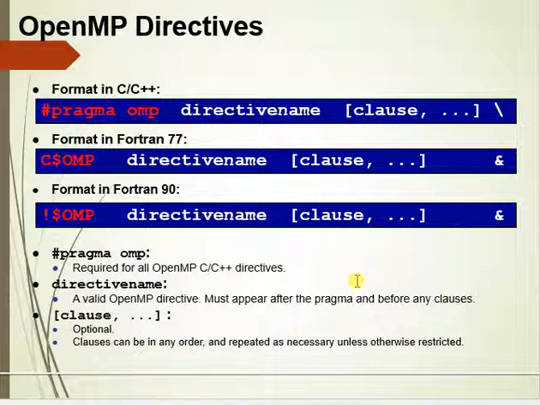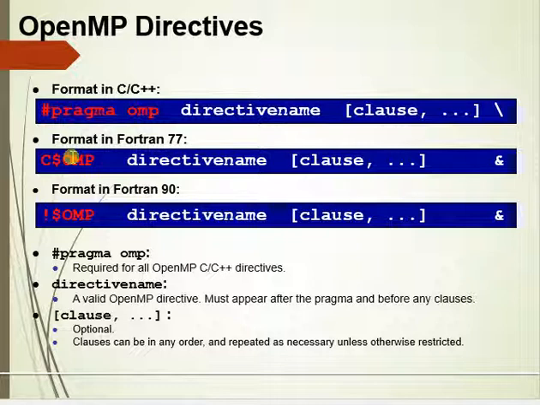These are the OpenMP directives. The format in C++ is #pragma omp directive name clause. The directive name must appear after the pragma and before the clause. The clause is an optional part, and clauses can be in any order.